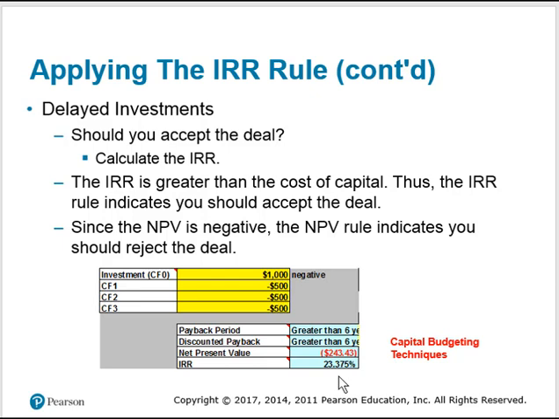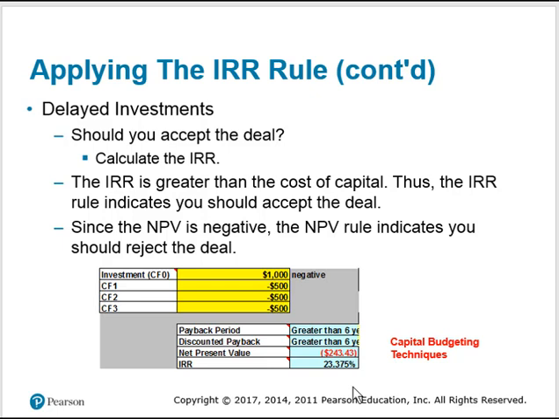Percentages are funny things. You have to ask yourself, percentage of what, right? In this case, if you were to go along with this publishing deal, you would actually reduce your total wealth by $250,000, $243,000 odd. Even though you made 23%, you lost value.